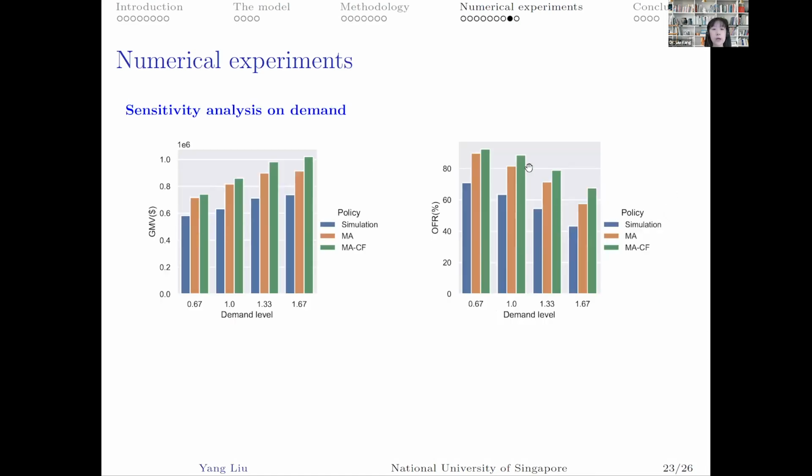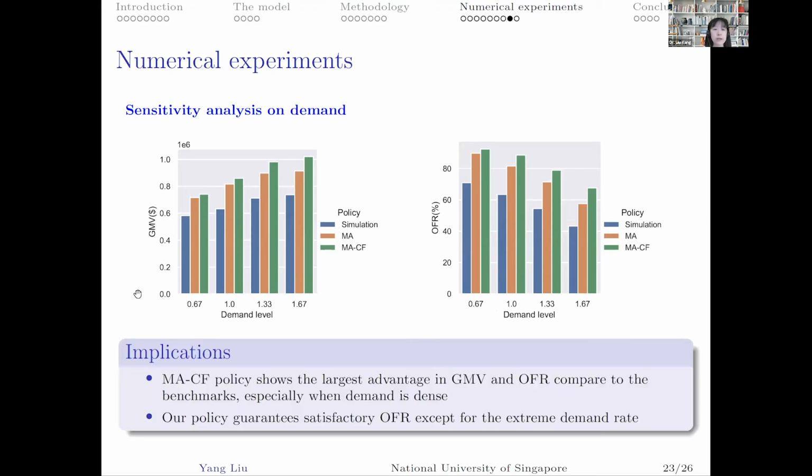Okay, and then by looking at different levels of demand, we actually conduct some sensitivity analysis on the demand level. We just do this in a naive way, scaling the demand using a factor, which is the x here.